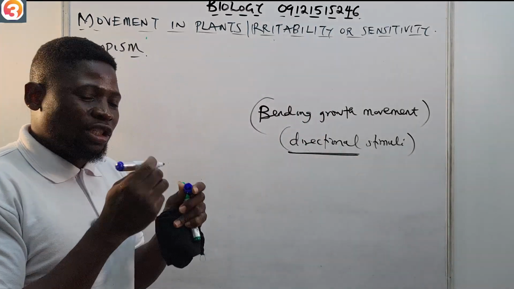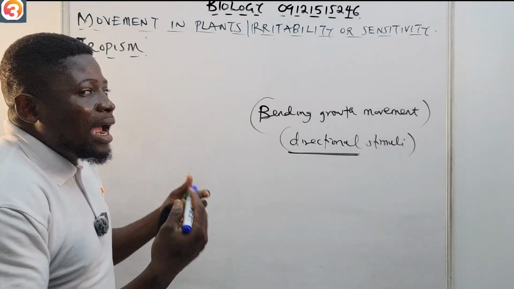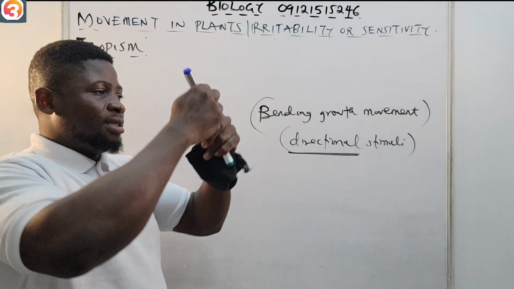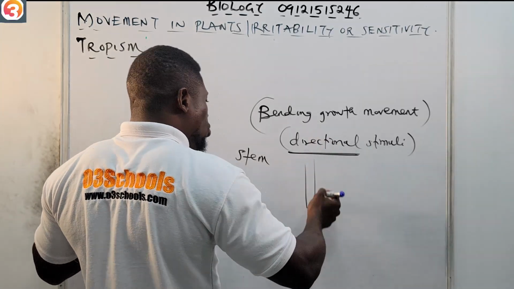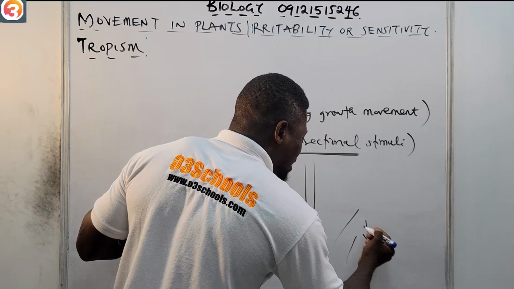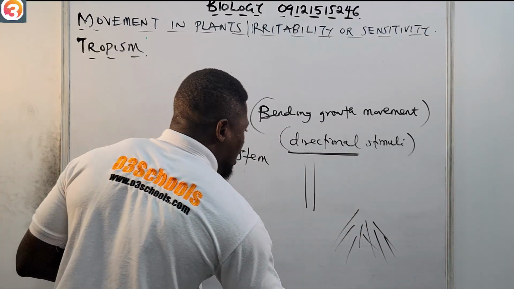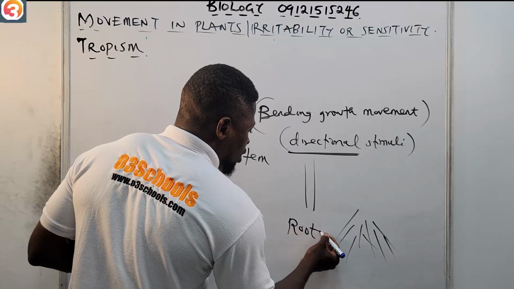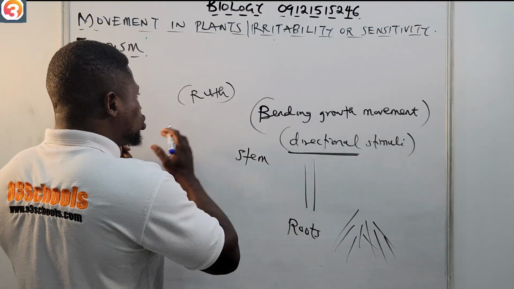An example is the stem of a plant. It is wired to grow upward, isn't it? While the roots are wired to go towards the direction of water, against the stem, downwards.